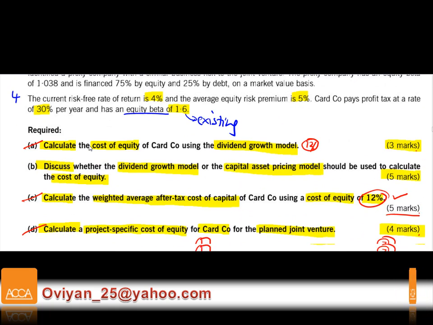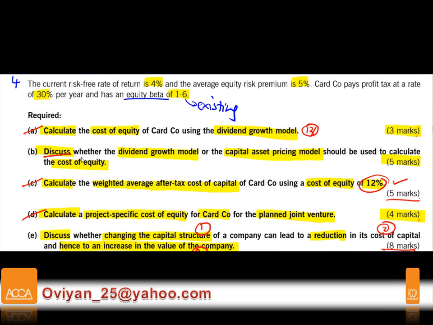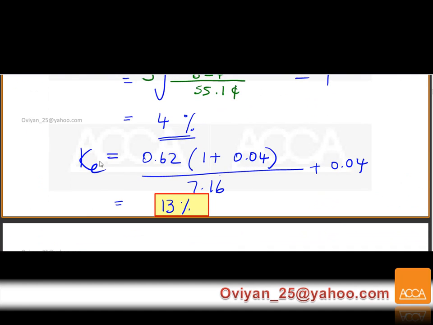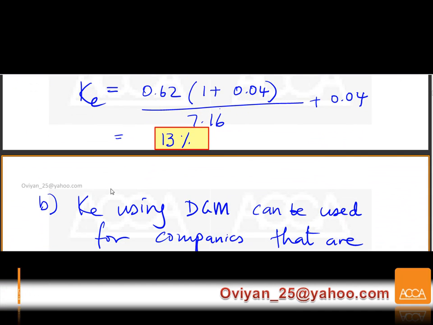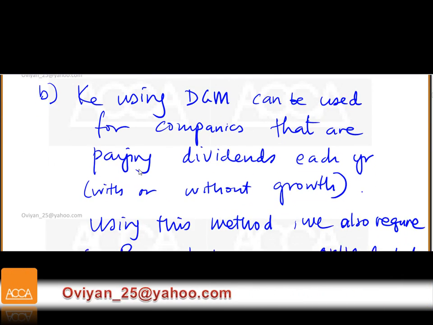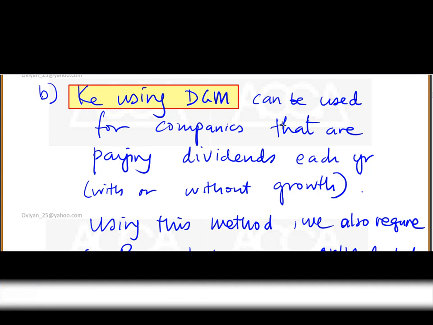Straightforward question. Now, next thing we're going to discuss is whether the dividend growth model versus the capital asset pricing model is better. Now, I've written the answers down here. Let me just go through very quickly. KE using dividend growth model. Okay, let's talk about KE using dividend growth model.